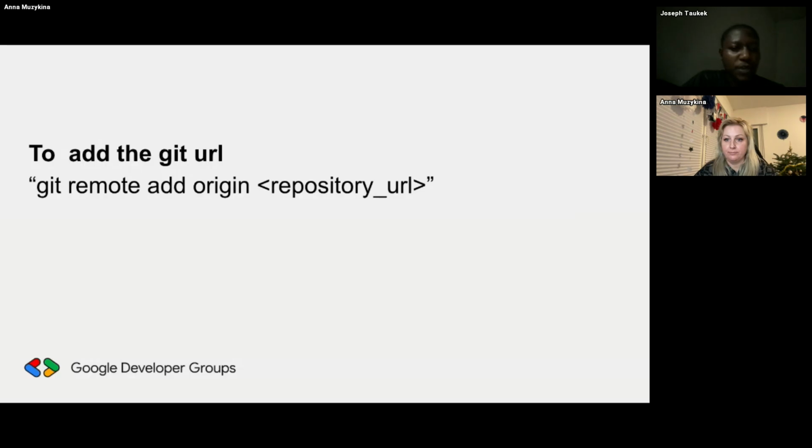Once you copy it, you type git remote add origin, and then you add the repository URL. And kindly take note that you don't need to add the brackets, that's the less than and the greater than sign in there. You just add your repository URL there, and then you run it. Then you get your response from the terminal. So yeah, we can go on to the next one.